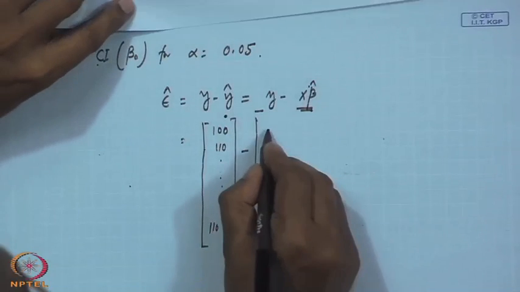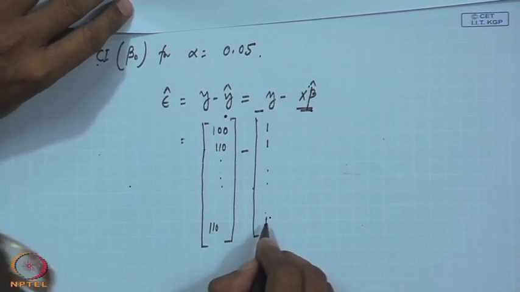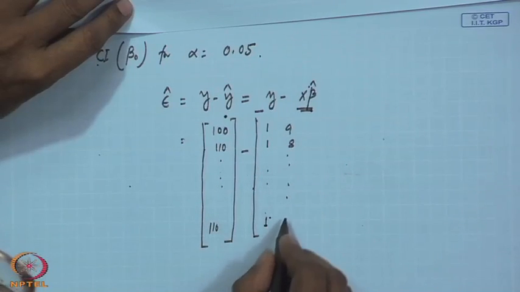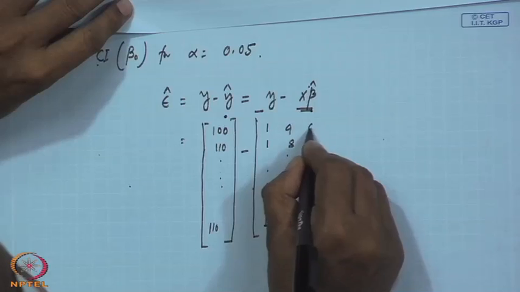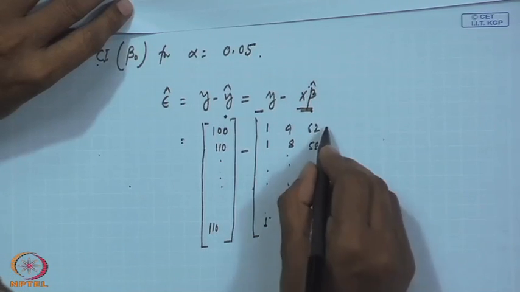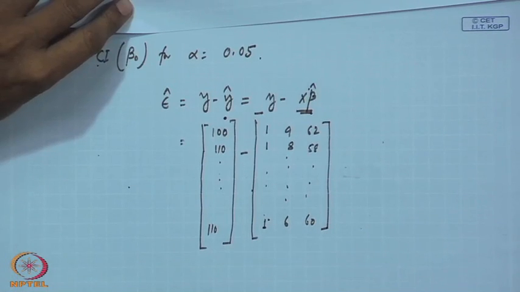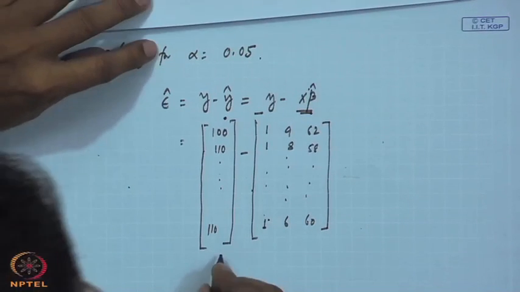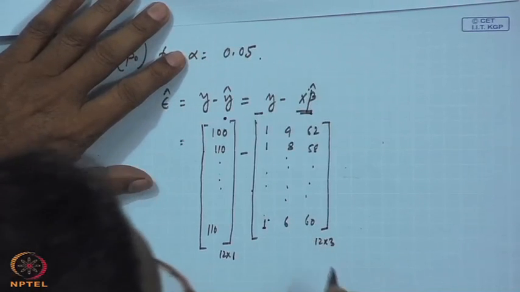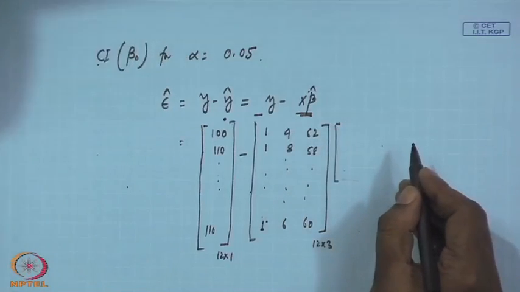When you compute, your x value will be all 1s, then 9, 8 like this, then 6, 62, 58 like this, 60. This is your x value. So, this one is 12 cross 3, and the beta cap value is already there.